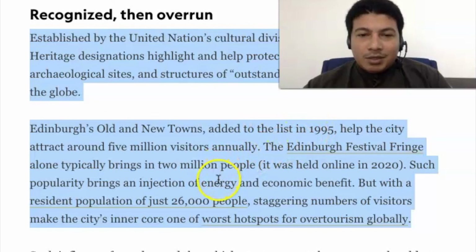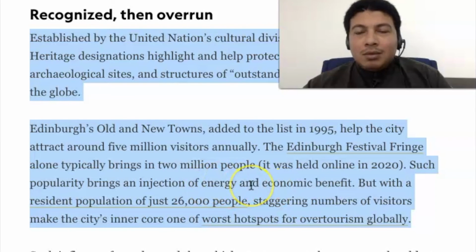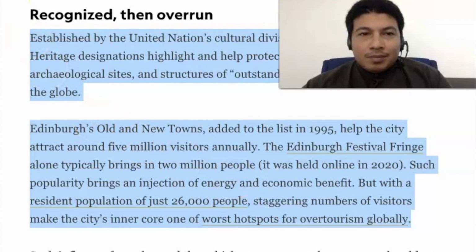And another statistic would be 26,000 people. So these are all supporting details that you can see to support the main idea.